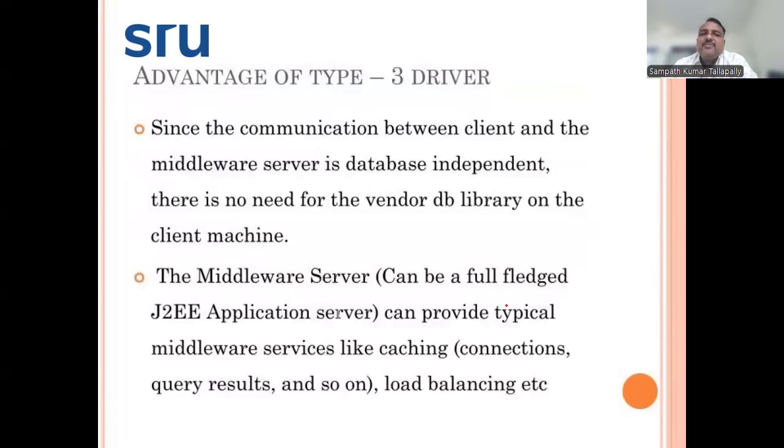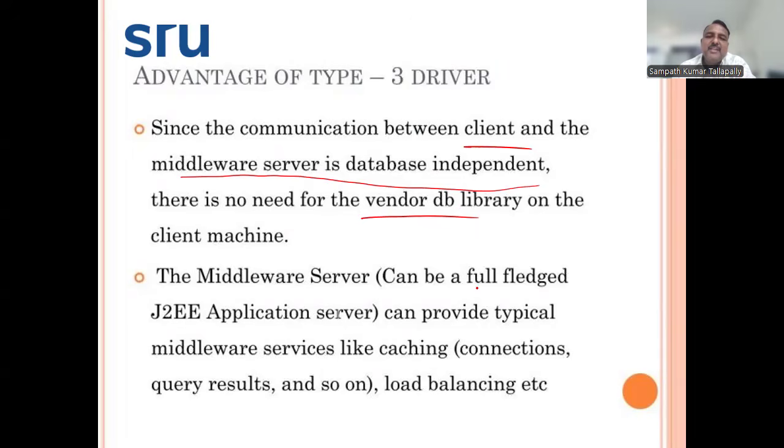So the advantage of your type 3 driver is that the communication between the client and middleware server is database independent, and there is no need for the vendor database library. Whereas in your type 1 and type 2 drivers, every database should have its own library, right? But in your type 3 driver, there is no need for that vendor specific database library.